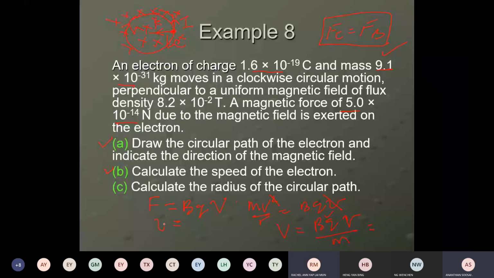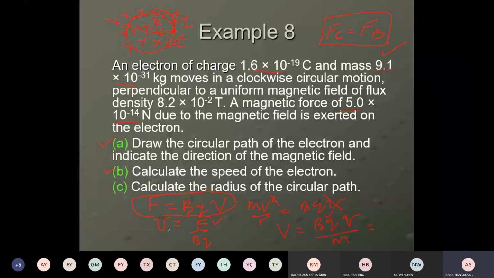The force is given, 5 times 10 to the power negative 14, B is 8.2 times 10 to the power negative 2, and the charge. So you can find the speed. What must come to your mind is F equals Bqv to calculate your answer.